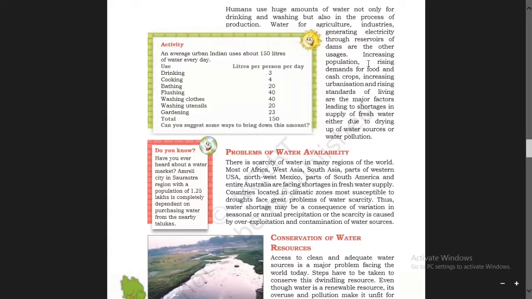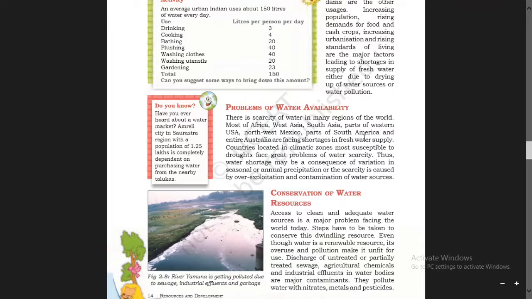Increasing population, rising demands for food and cash crops, increasing urbanization, and rising standards of living are the major factors leading to shortage in supply of fresh water, either due to drying up of water sources or water pollution.